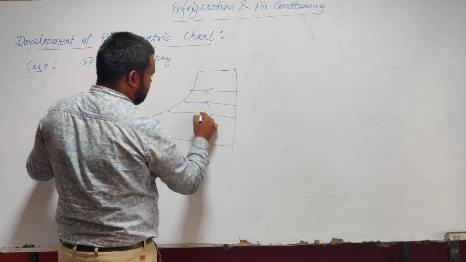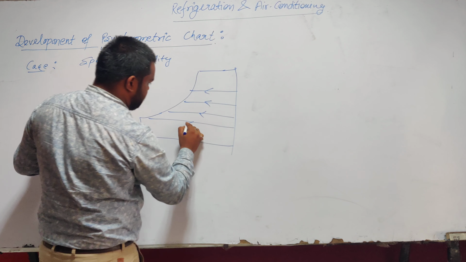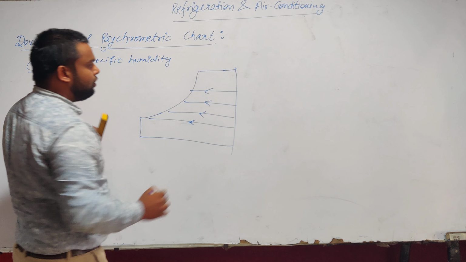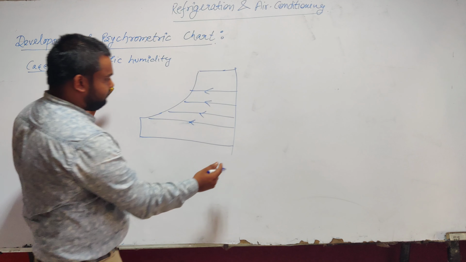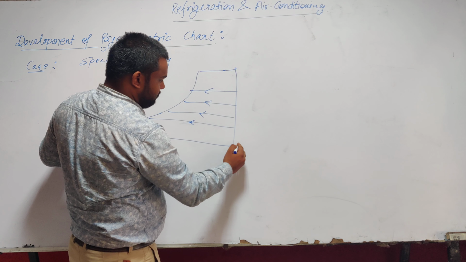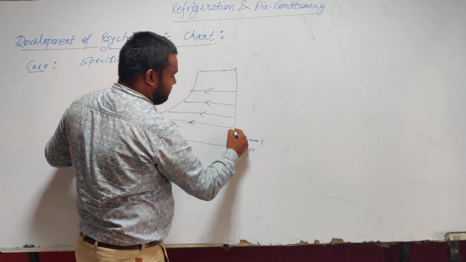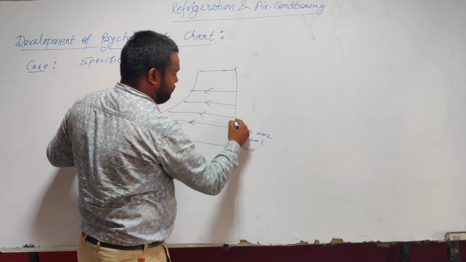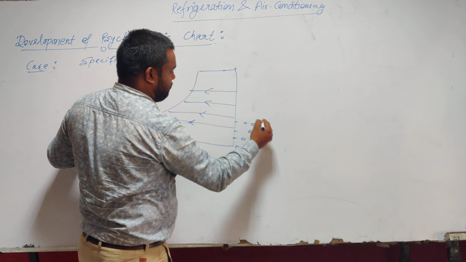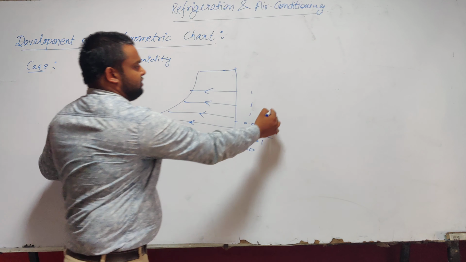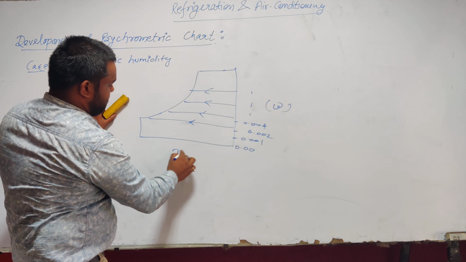These are the constant specific humidity lines: 0, 0.001, 0.002, 0.004, and so on. This is omega and this is DBT.